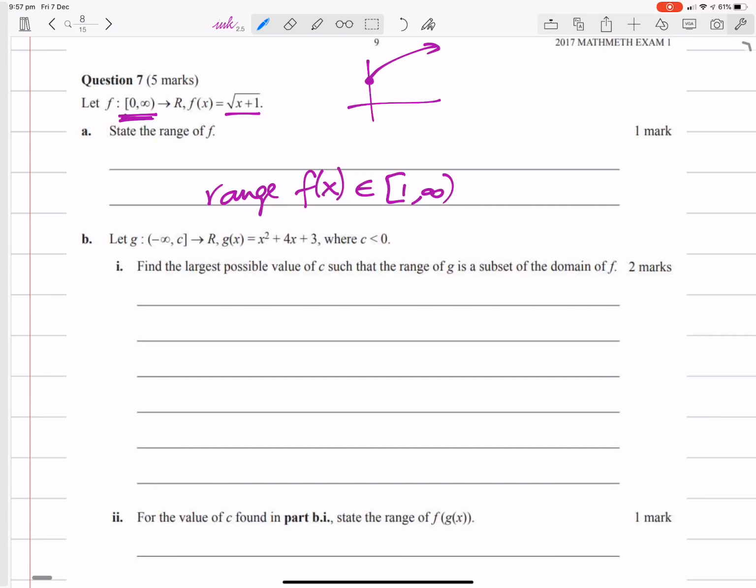Let g from negative infinity to c, from the real number set, be this function here, and c is less than 0. Find the largest possible value of c such that the range of g is a subset of the domain of f. Okay, so we've got g of x.